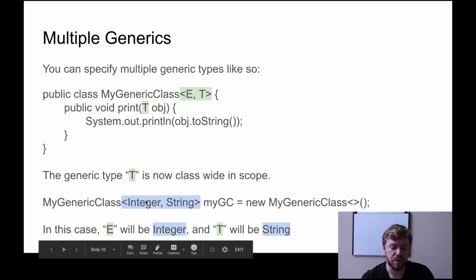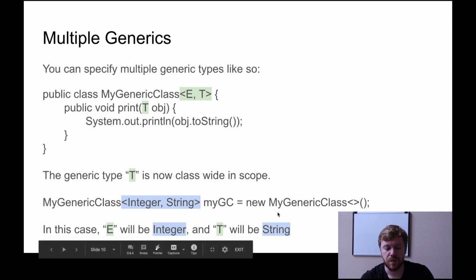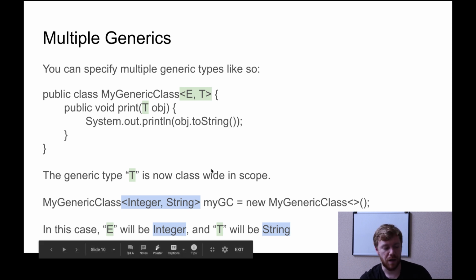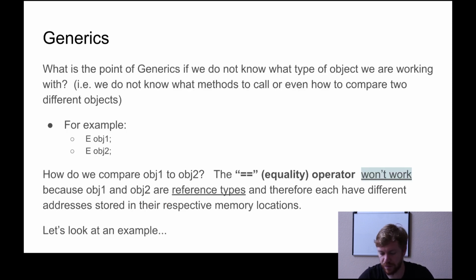Well, integer will replace E inside of my generic class, which I'm not actually using here. And then string will replace type T. And then what this means is when I try to use the print method, the input object to this print method will have to be a string because I've specified that T should be a string.